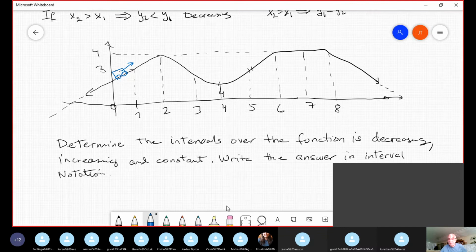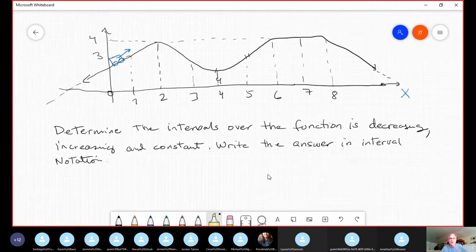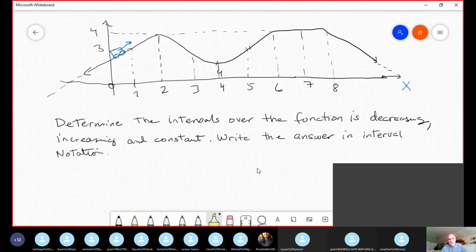Remember, the x value always comes from left to right. Then, by the way, is up increasing or decreasing? Increasing, of course.